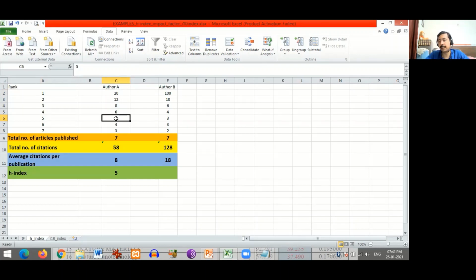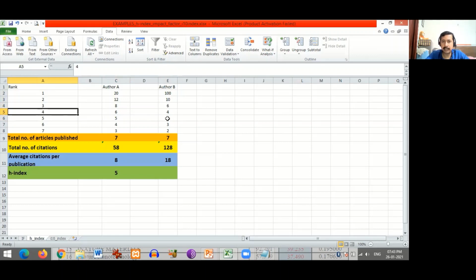Let's do the same thing for author B. 100 is greater than 1, therefore I go down here. 10 is greater than 2, go down. 6 is greater than 3, let's go down. 4 is equal to 4, this is equal.